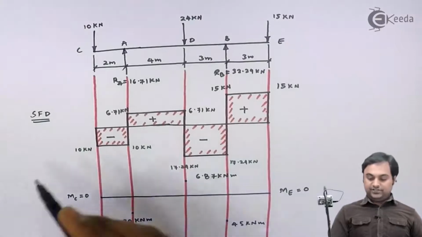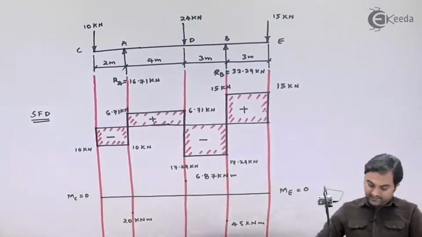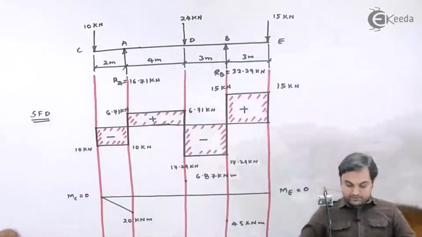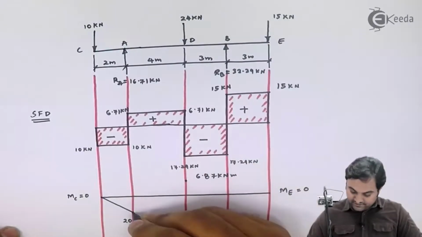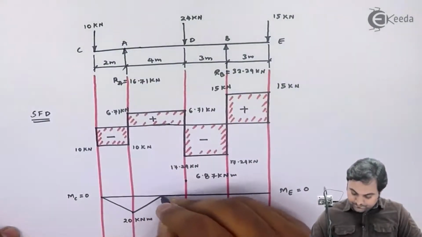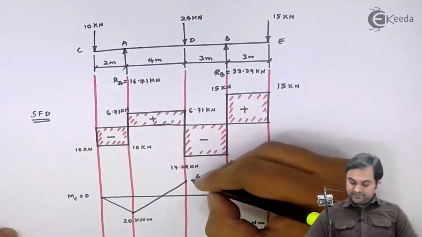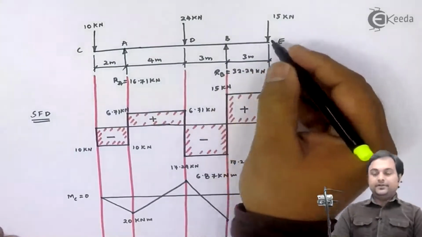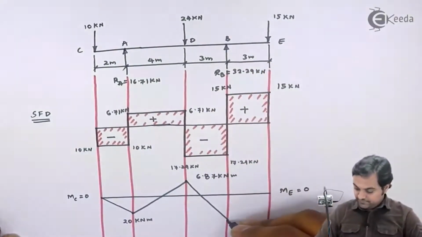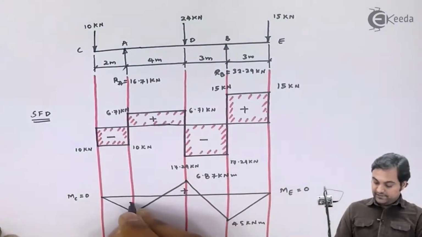Wherever we are getting shear force as a straight constant line, bending moment is an inclined line. Between A to D, shear force was a straight line, so bending moment is an inclined line. Between D to B, it is again straight line, so bending moment is inclined. And between B to E, it is straight line, so bending moment is inclined. Positive and negative.